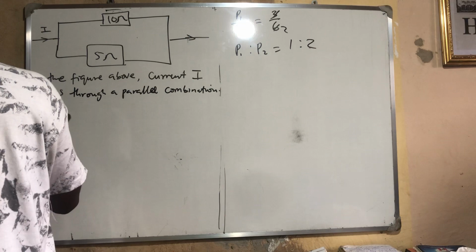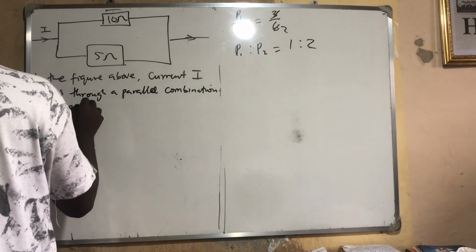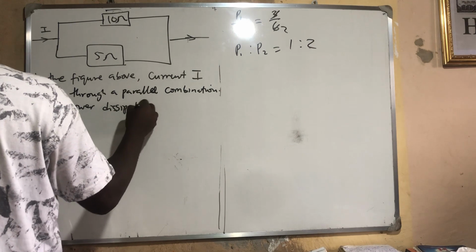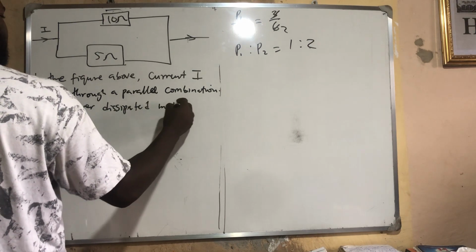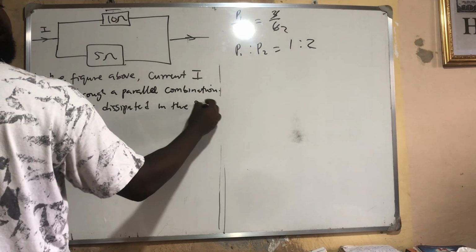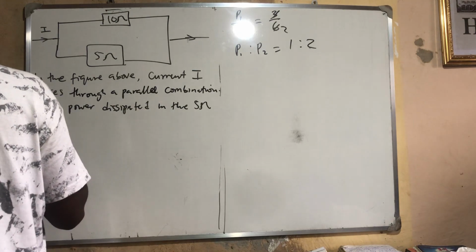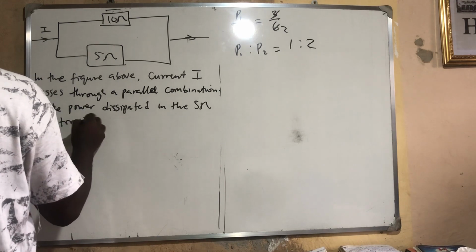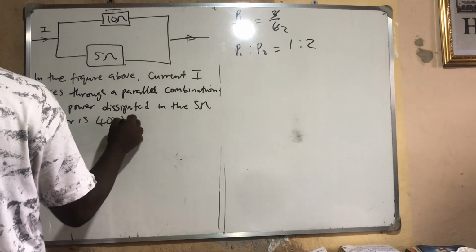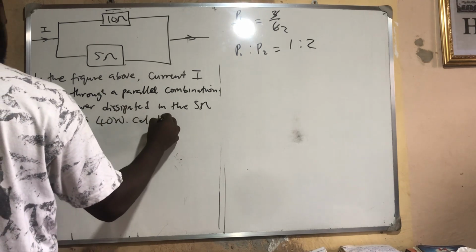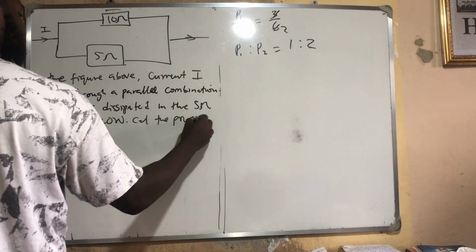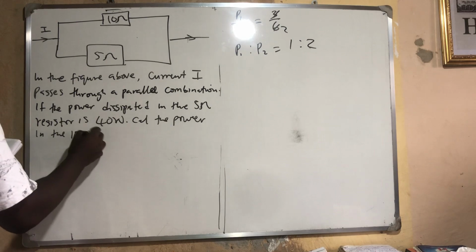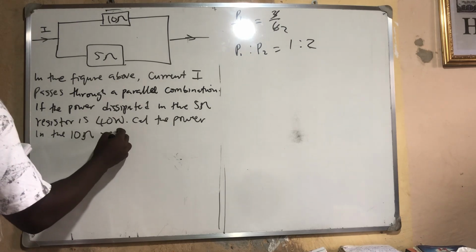If the power dissipated in the 5 ohm resistor is 40 watts, calculate the power in the 10 ohm resistor.